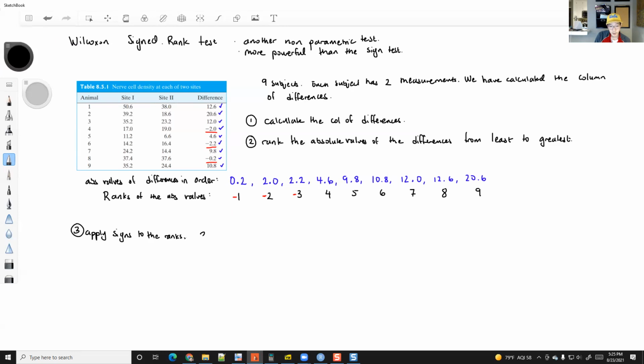So 3 values were negative: negative 2.0, negative 2.2, and negative 0.2. We apply negative signs to their corresponding ranks.